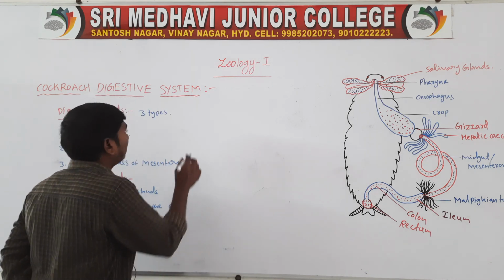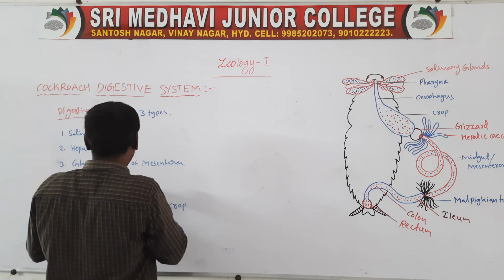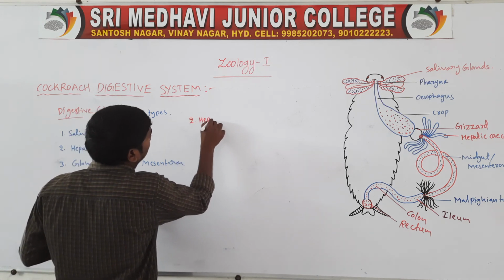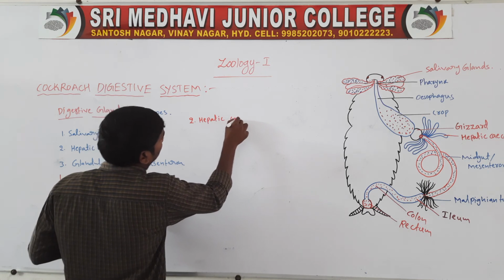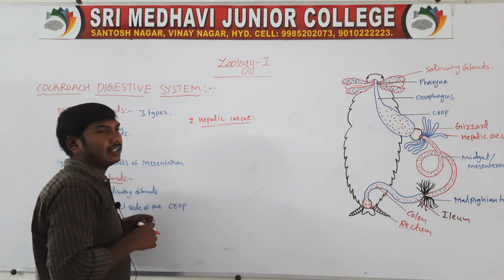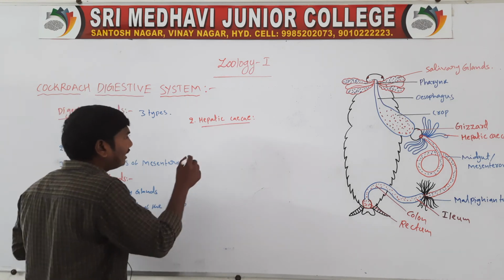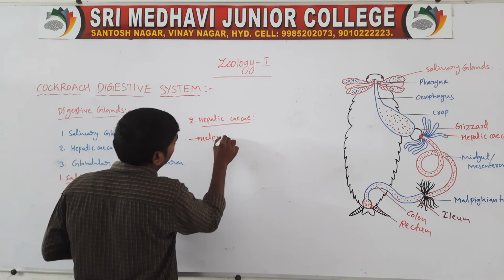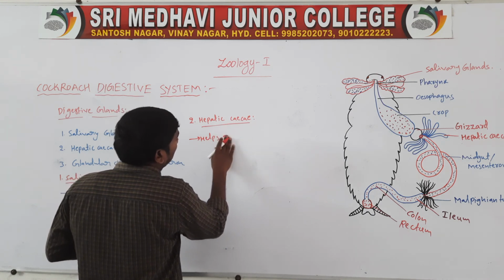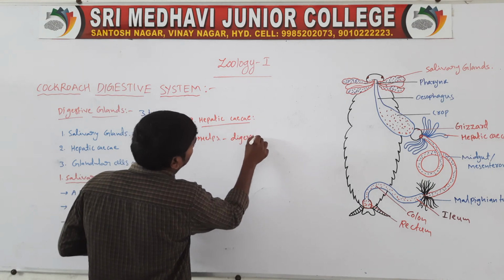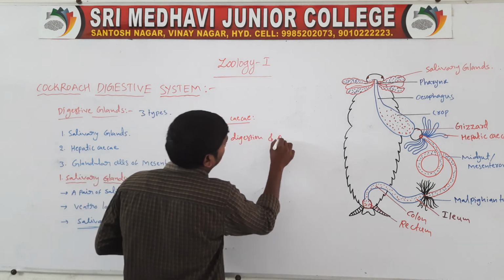Second, the hepatic caeca. These help in digestion and absorption.